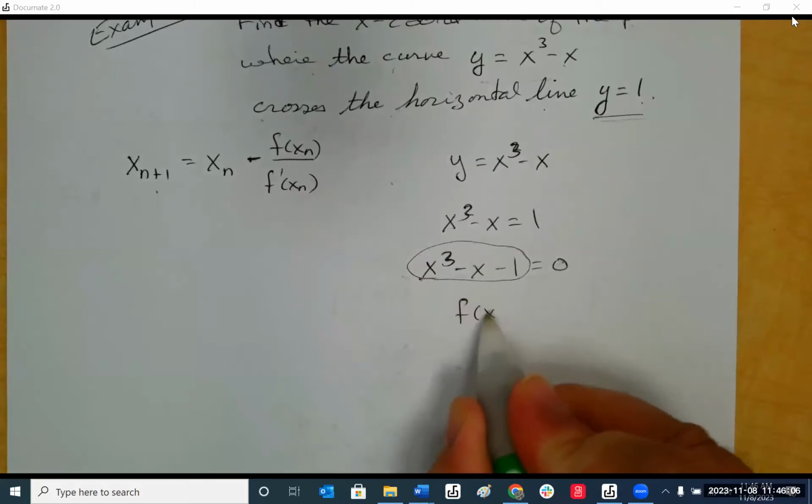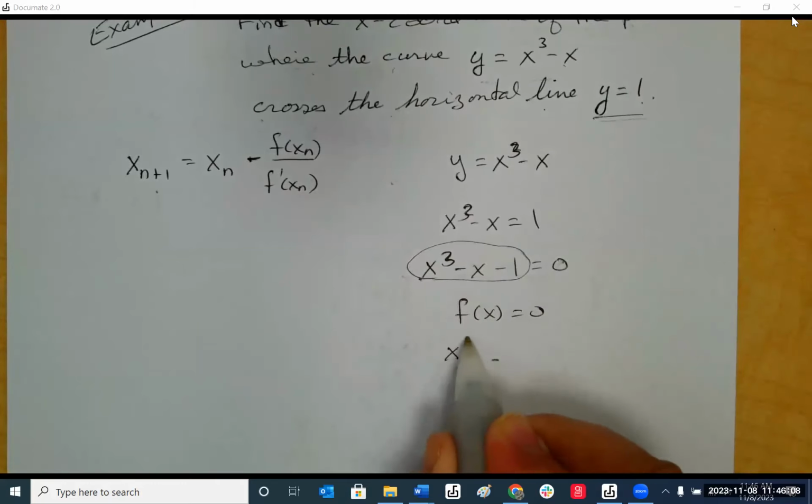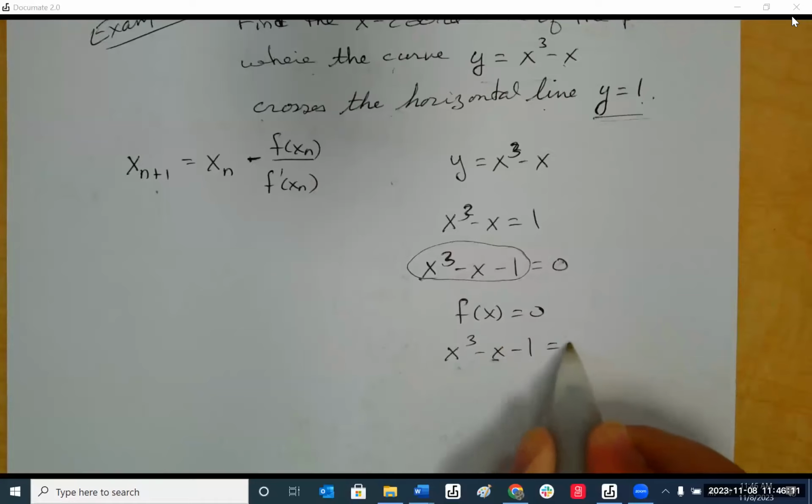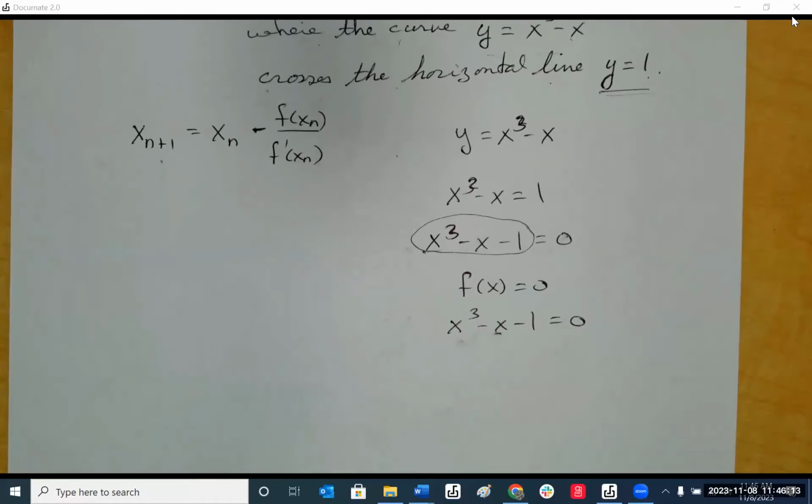We're setting the function equal to 0, so our function is x cubed minus x minus 1. So we have to figure out a logical starting point. We have to guess maybe.